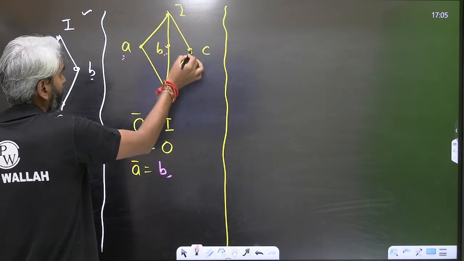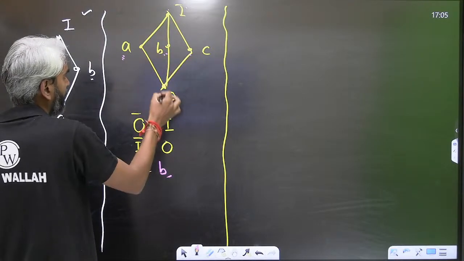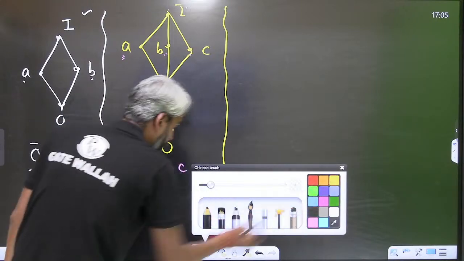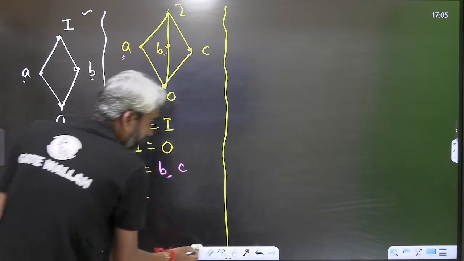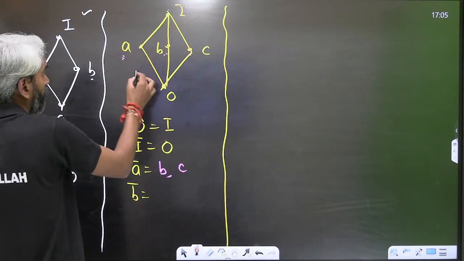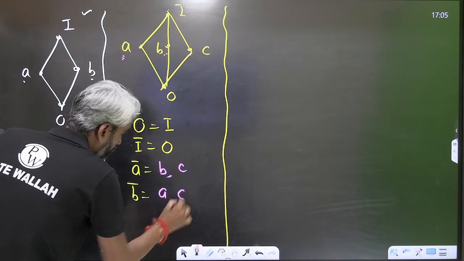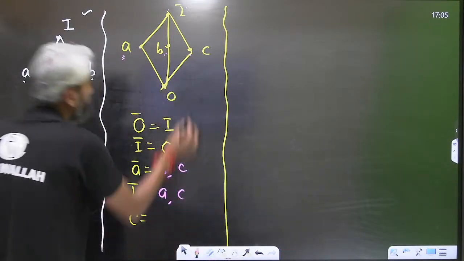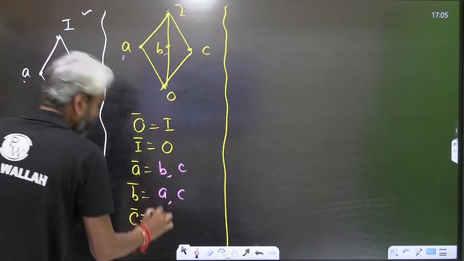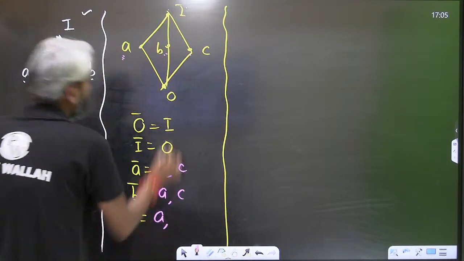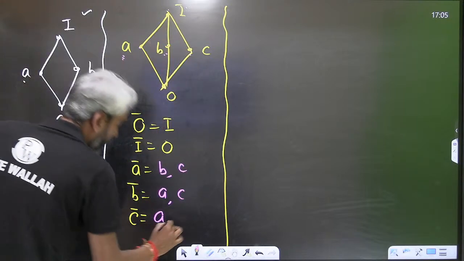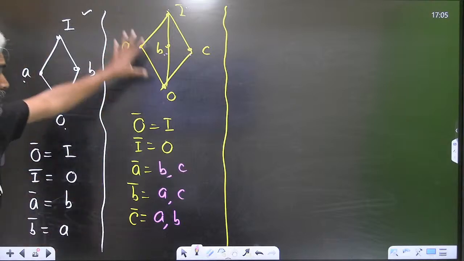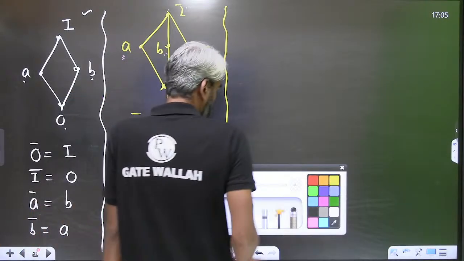Similarly, the least upper bound of A and C is I and the greatest lower bound is O, therefore C is also a complement of A. Similarly, the complements of B are A as well as C. Looking at the complements of C, C and A have least upper bound I and greatest lower bound O, so A is a complement. C and B also have least upper bound I and greatest lower bound O, so B is also a complement. So this is also a complemented lattice. What else?